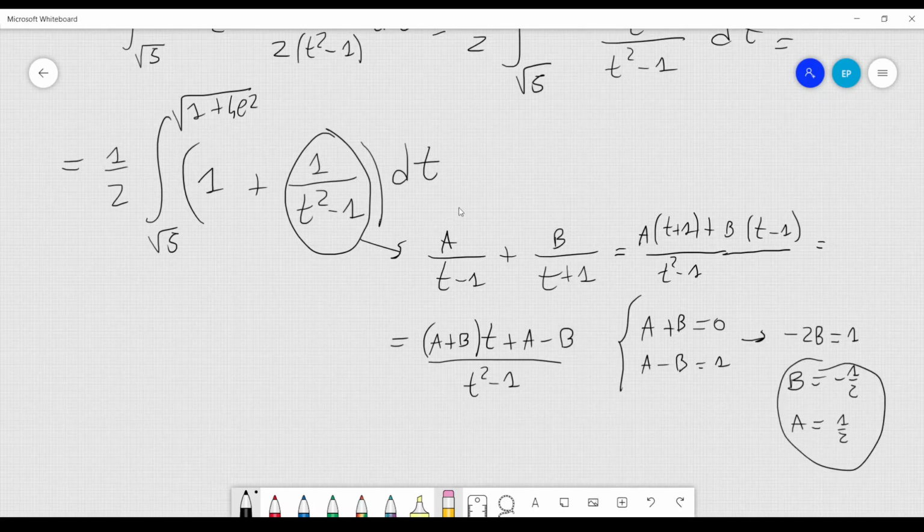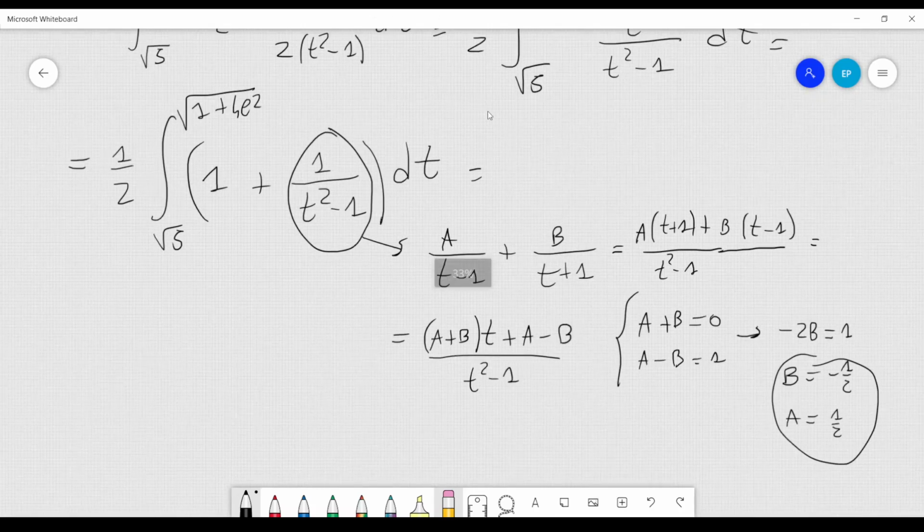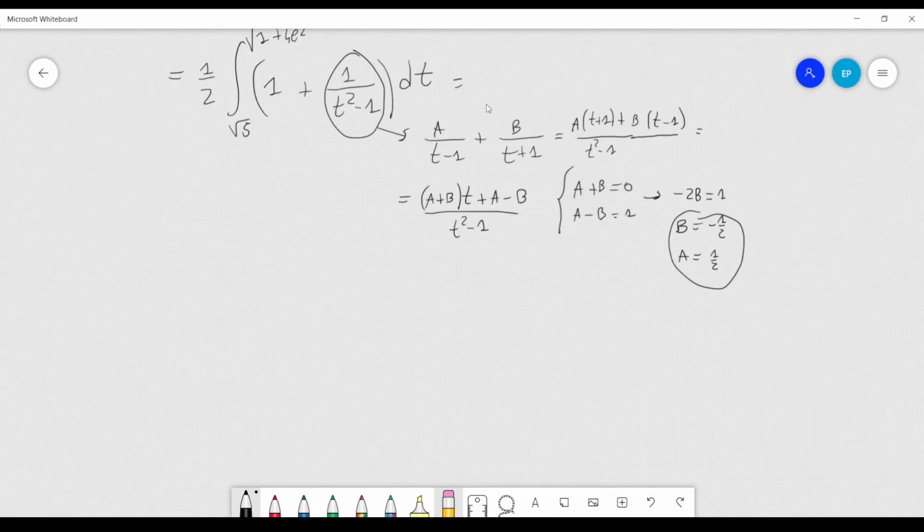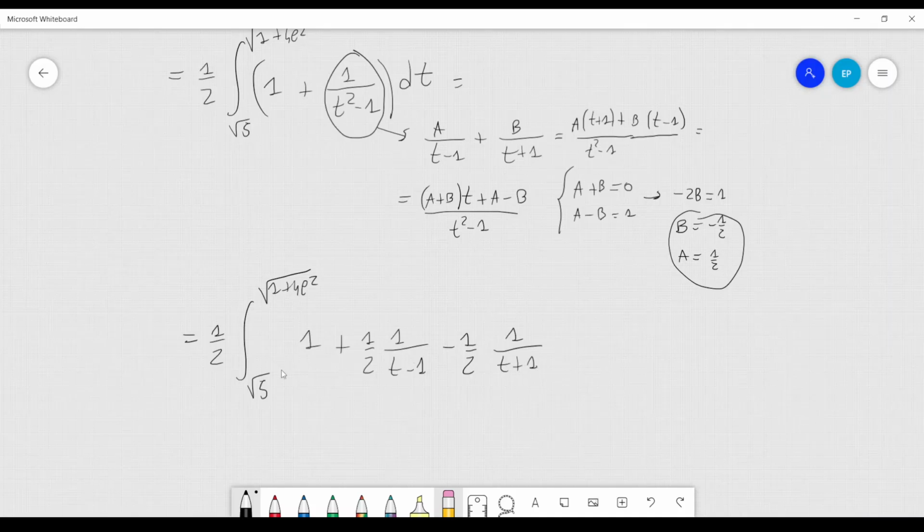Right? So here, let me rewrite it below. This is equal to 1/2 integral from the square root of 5 to the square root of 1 plus 4e squared, of 1 plus 1/2 times 1 over t minus 1 minus 1/2 times 1 over t plus 1, dt.